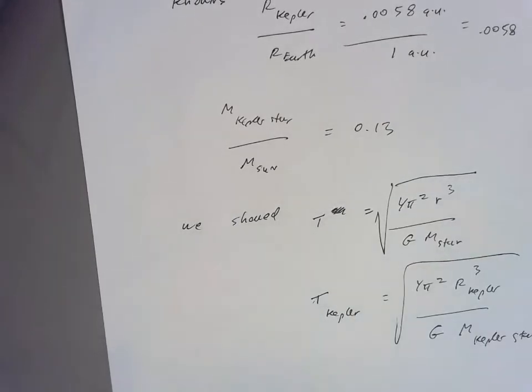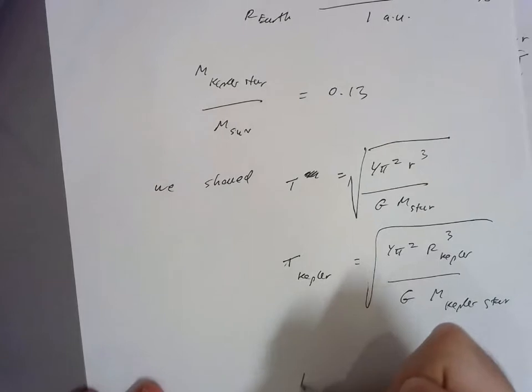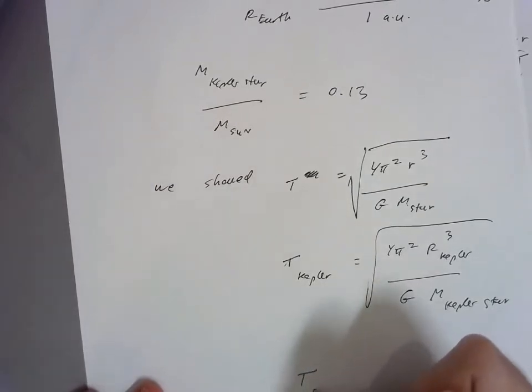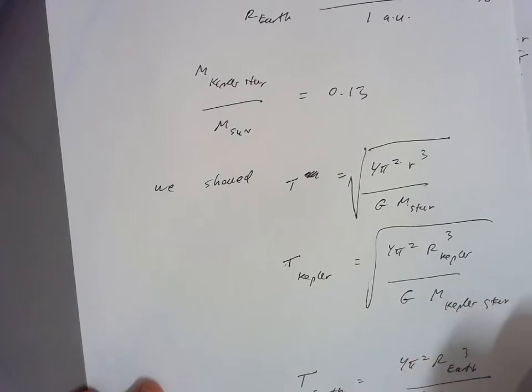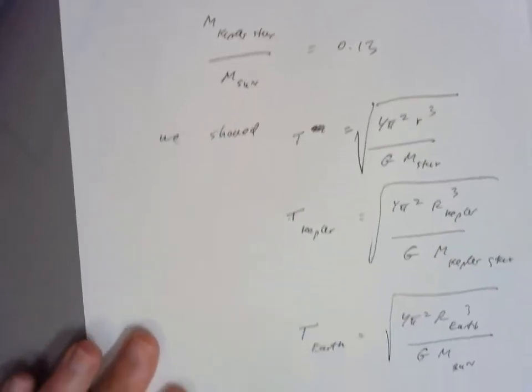And the same equation applies to Earth. The period of Earth must be the square root of 4 pi squared, the radius of Earth's orbit cubed over big G m of Earth's star, which is the Sun.